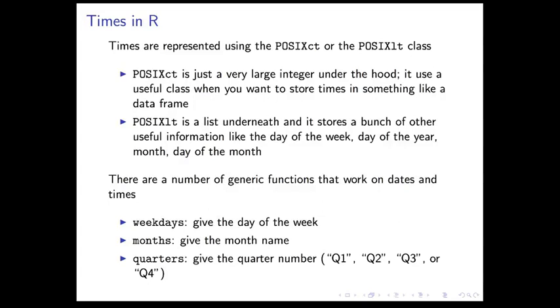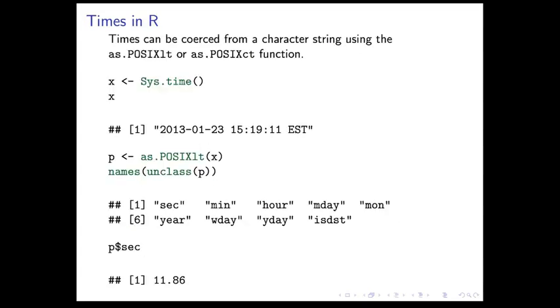These generic functions operate on objects of class POSIXct, POSIXlt, or Date. You can also coerce things back and forth between POSIXlt and POSIXct if you want, using the as.POSIXlt or the as.POSIXct function.